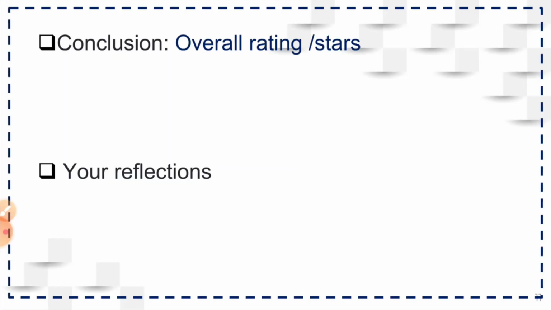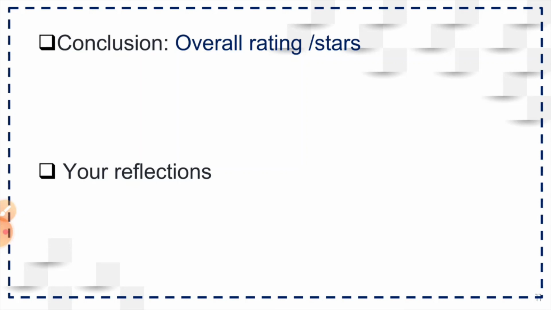Okay, then after writing that, you are supposed to mention the conclusion. The conclusion is about your overall experience of how the textbook is. Okay, so the overall rating, how much you will give out of 10, whether it is 7 or 8, and if you are giving 7 or 8, what is the logic, the rationale behind that, you are supposed to write.